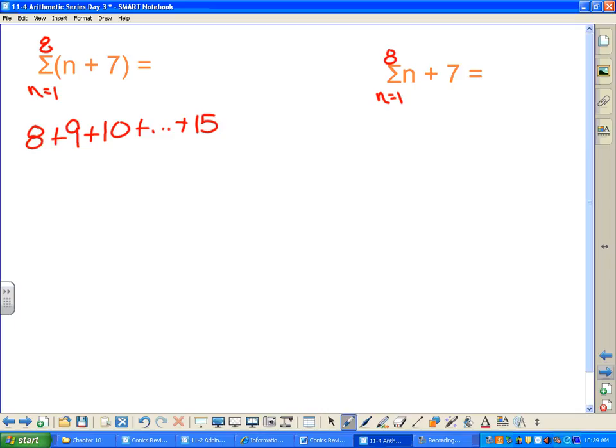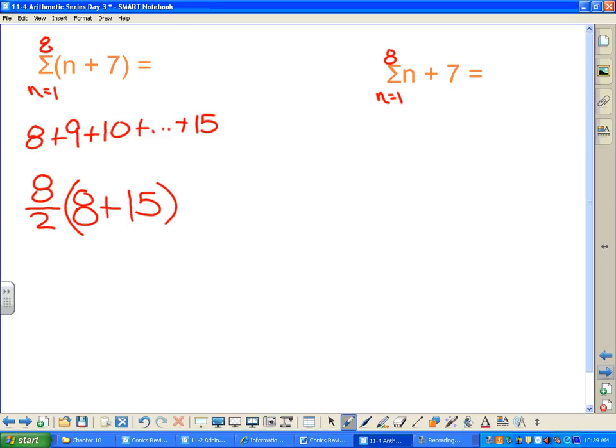Yeah, you should know that because it's linear, right? So we could just say, okay, there are 8 terms, so 8 divided by 2 times the first term, which was 8, plus the last term, which is 15, and you could get the sum without any problem. I hope, yes?